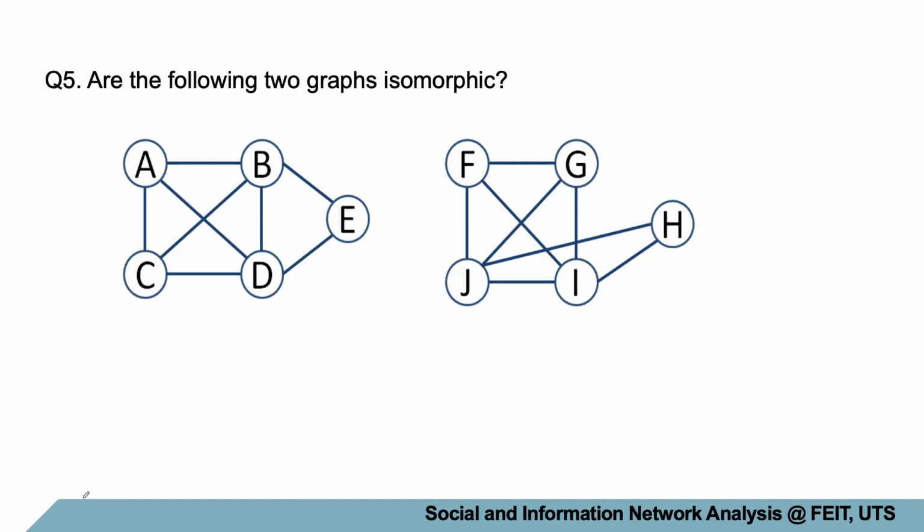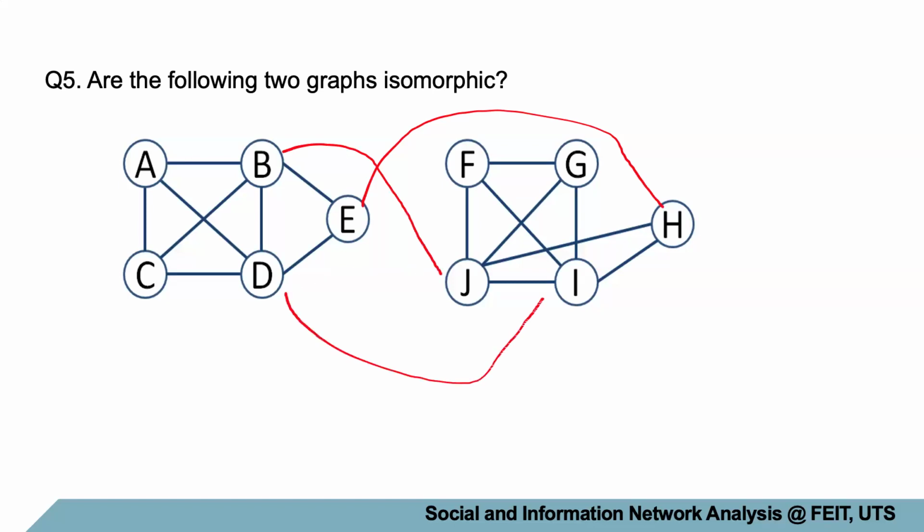One way to map the nodes is we can map node E to H, and we find the degree of them are both 2. H connects to J and I, E connects to B and D, so we can map B to J and D to I.